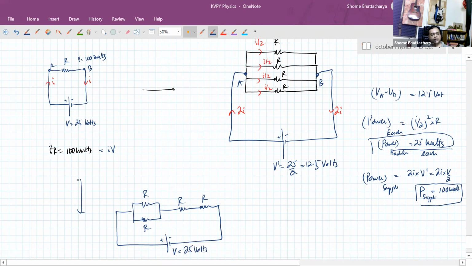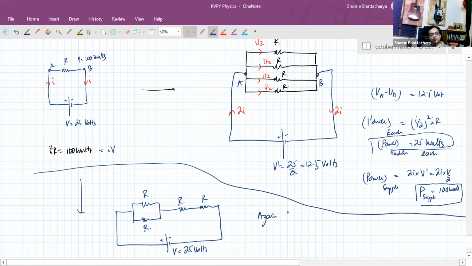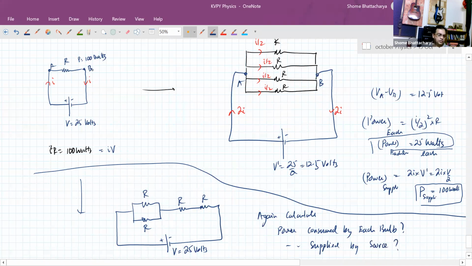Now, again, there's a different part of the question: calculate the power consumed by each, and the power supplied by the source. So use this data only.